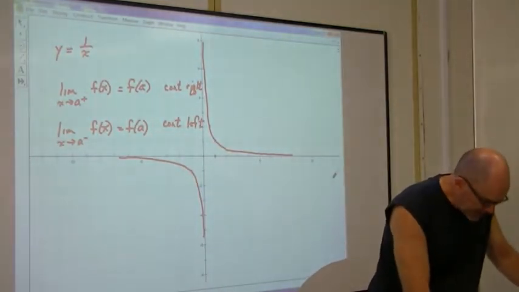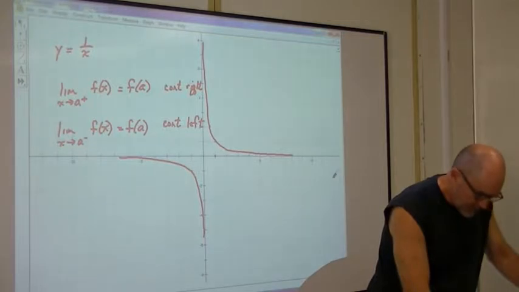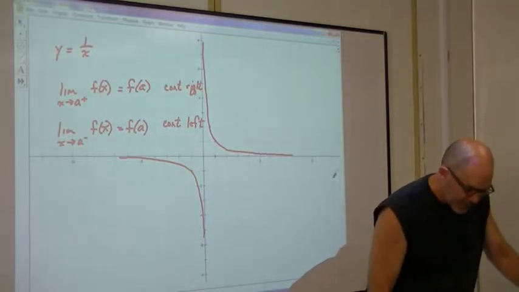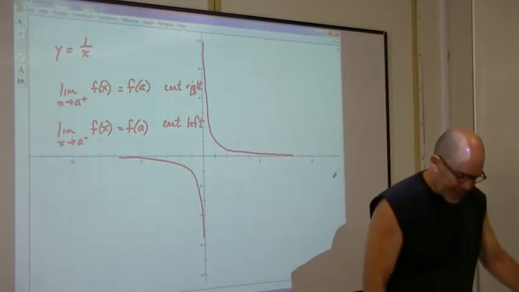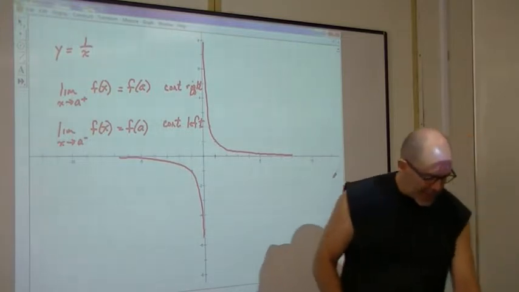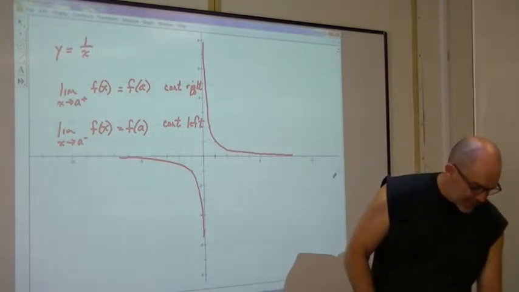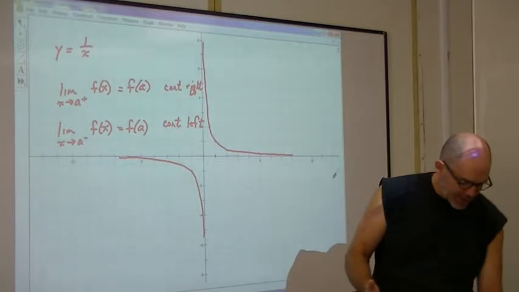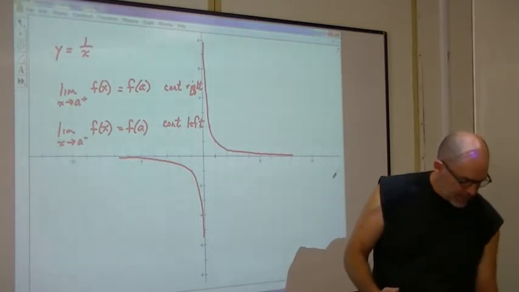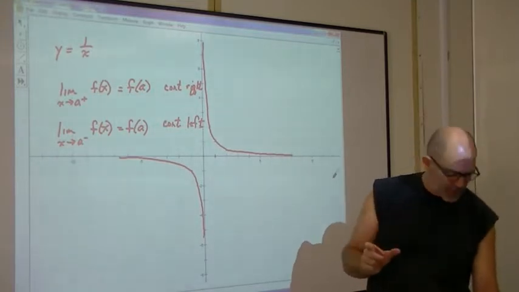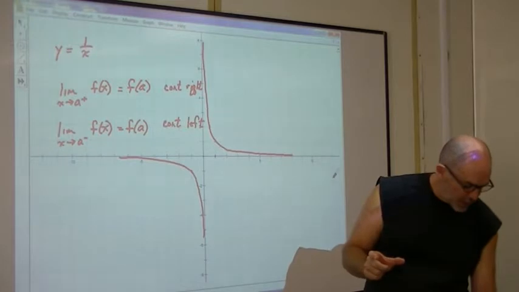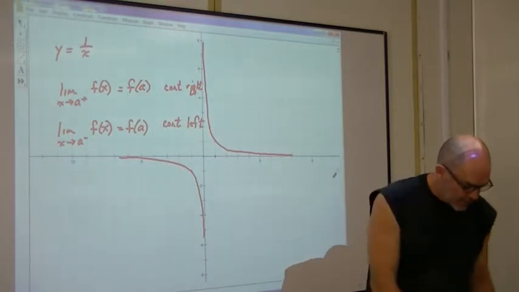Now, take a look at the top of page 127. Theorem 4. If f and g are continuous at some x value a, and c is a constant, then the following functions are also continuous at a. The sum of the functions. So if I add f and g, I've got continuity everywhere.